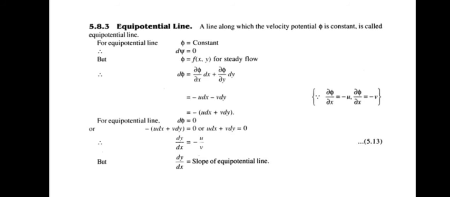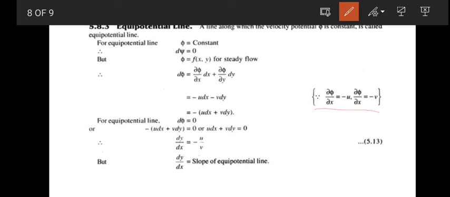After substituting the value of the velocity potential function, that means u is equal to minus ∂φ/∂x and v is equal to minus ∂φ/∂y, substituting in this equation, we have dφ is equal to minus u dx minus v dy. So taking the minus sign common, u multiplied with dx plus v multiplied with dy.